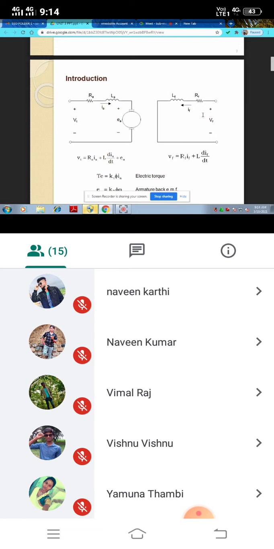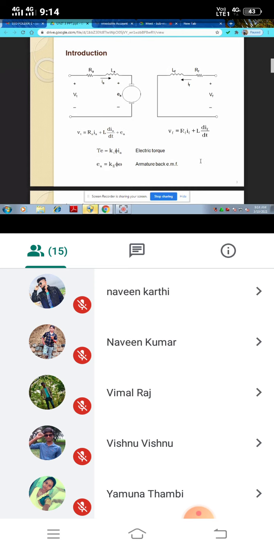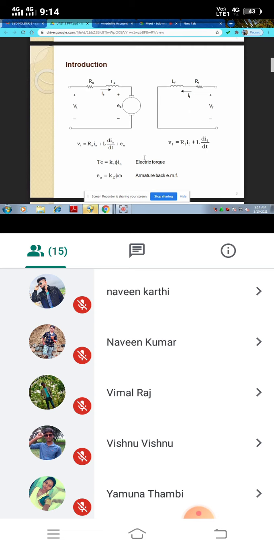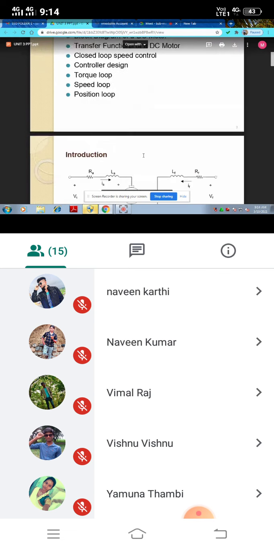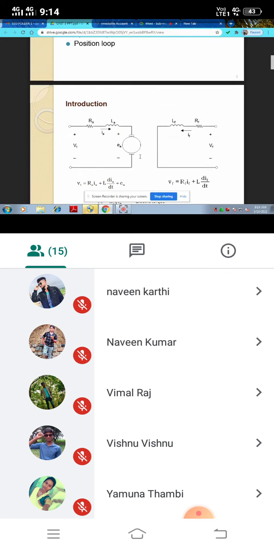The field current passes through these two elements, and we get Vf equal to Rf if plus Lf into dIf by dt. So these two elements are described by these electrical equations.